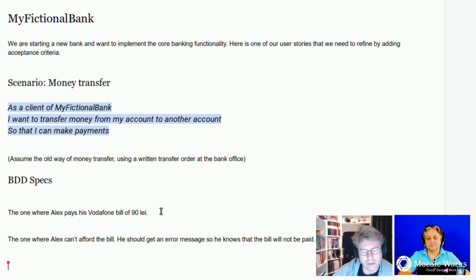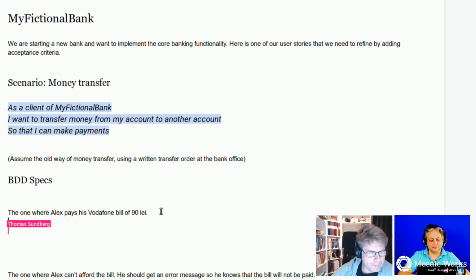Because at the end of the day, we want to write software that supports us. And we want to use these examples as a way to verify that the software is actually doing what we want it to do. We want to make sure that it's possible to pay. So let's take the first example, the one where Alex pays his Vodafone bill of 90 lei.